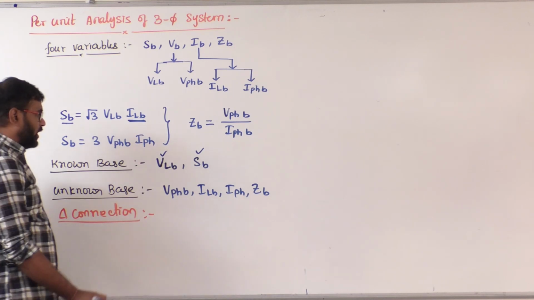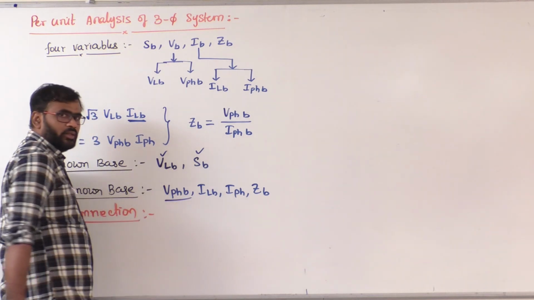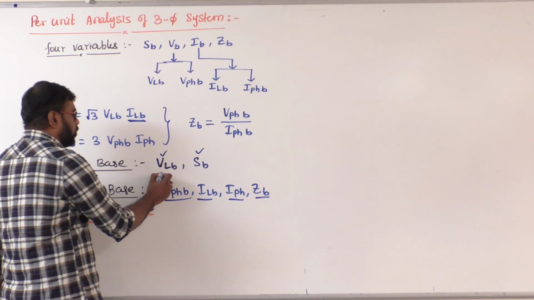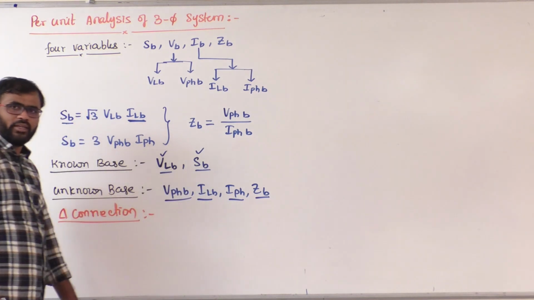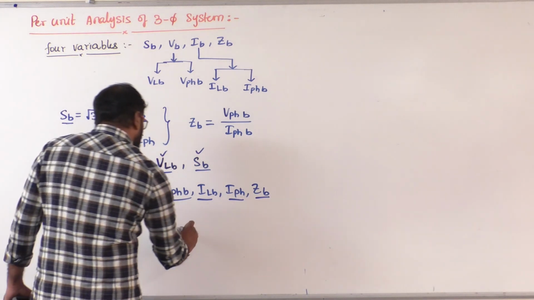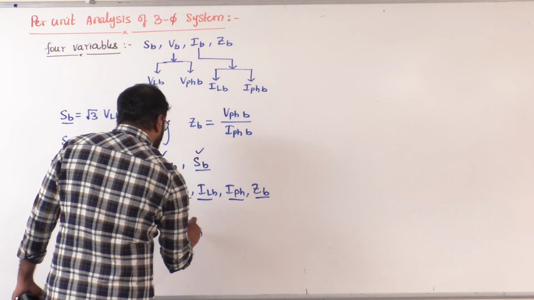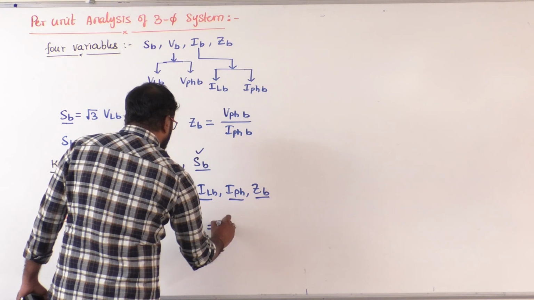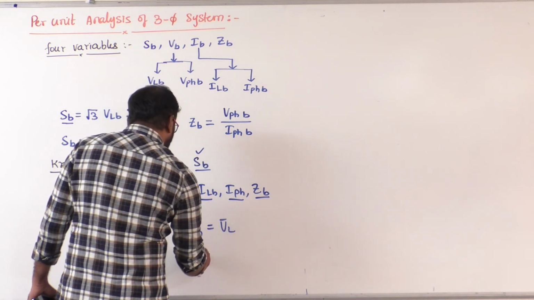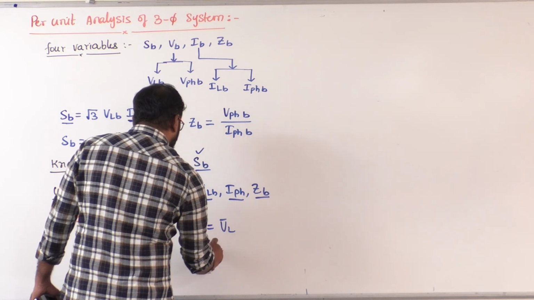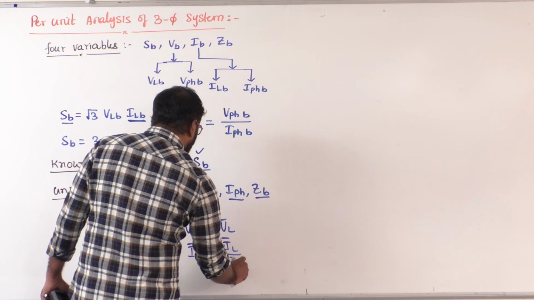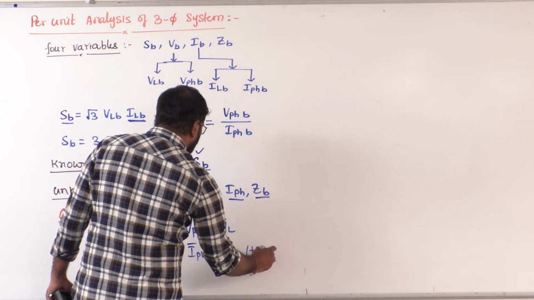For delta connection also we need to define V phase base, I line base, I phase base and Z base in terms of known bases, that is V line base and S base. For delta connection we know that V phase equals V line, and I phase equals I line by root 3 at an angle plus 30 degrees.